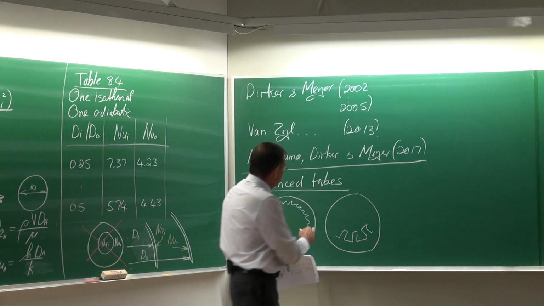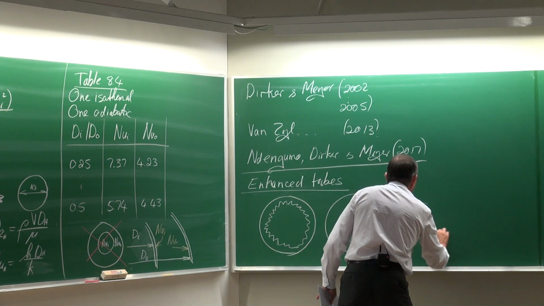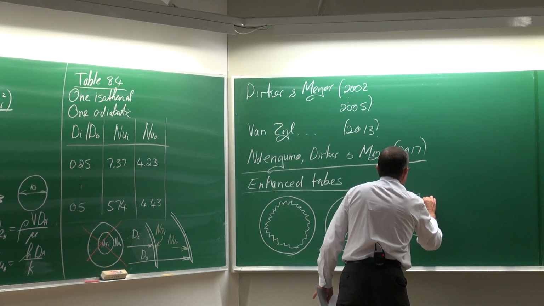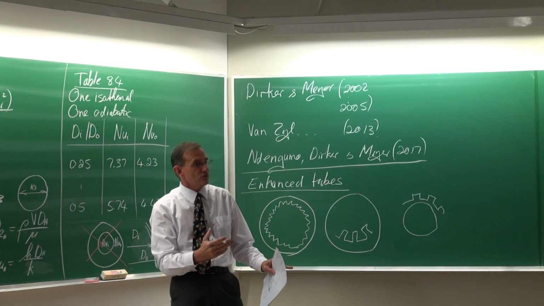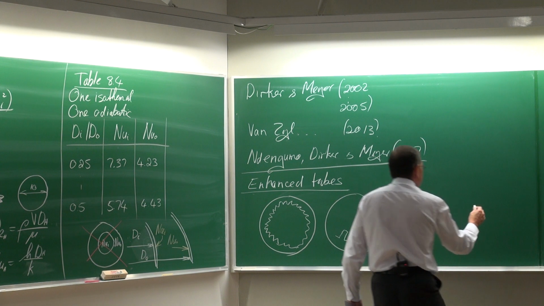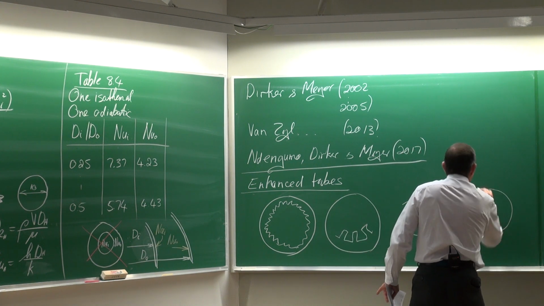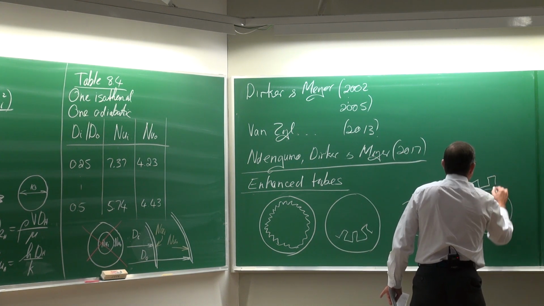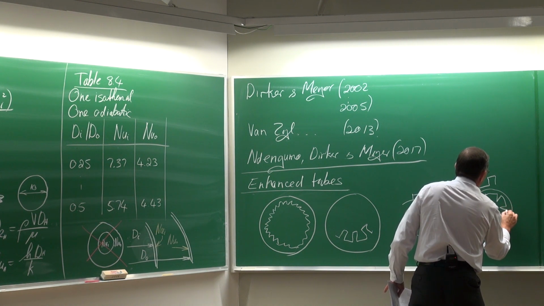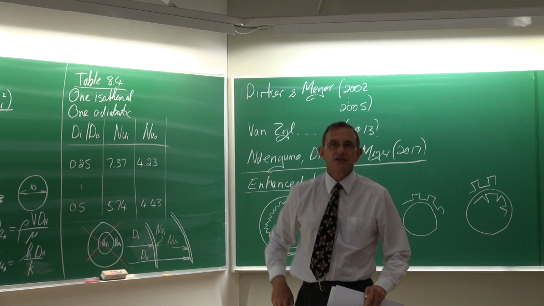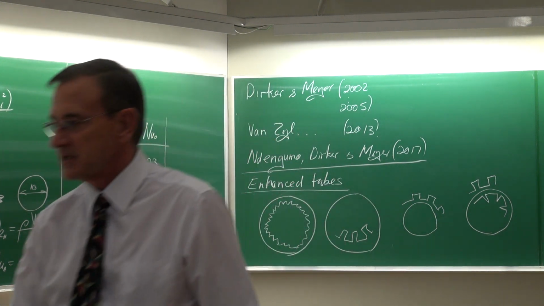And it can also be done on the outside of the tube. Doesn't always need to be on the inside. And then you would of course have tubes which have fins on the outside and fins on the inside. All these different fins have their advantages and disadvantages.